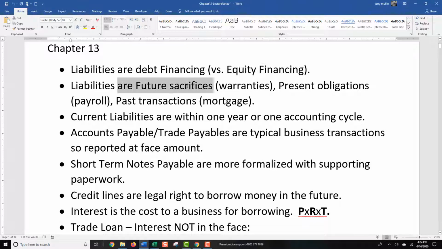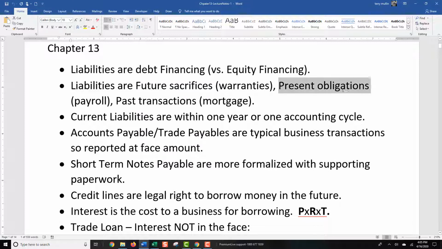Liabilities then are future sacrifices. They come in different categories. So future sacrifices such as warranties. So for instance, your cell phone, the only way you'll get somebody to buy a cell phone, because it has so many parts to it and could break down, is that you offer a 2-year warranty. So for 2 years, you have a liability that if anything goes wrong, you're going to fix or replace it.